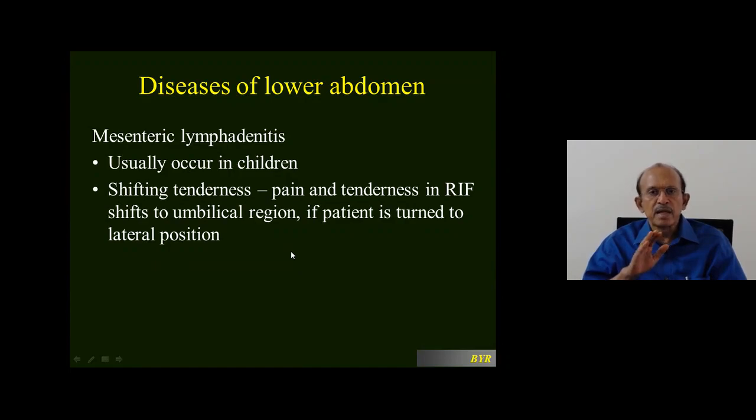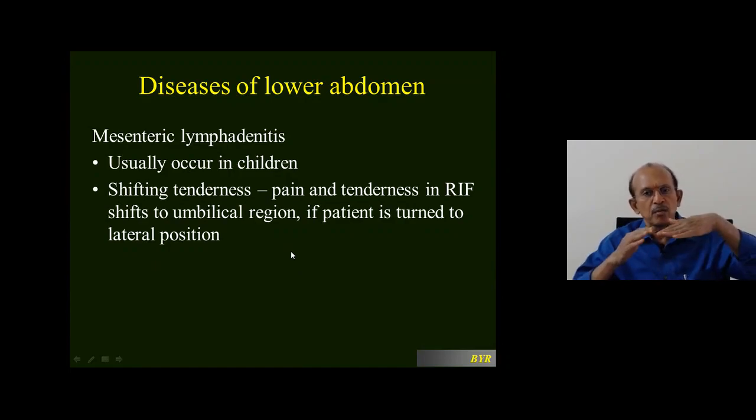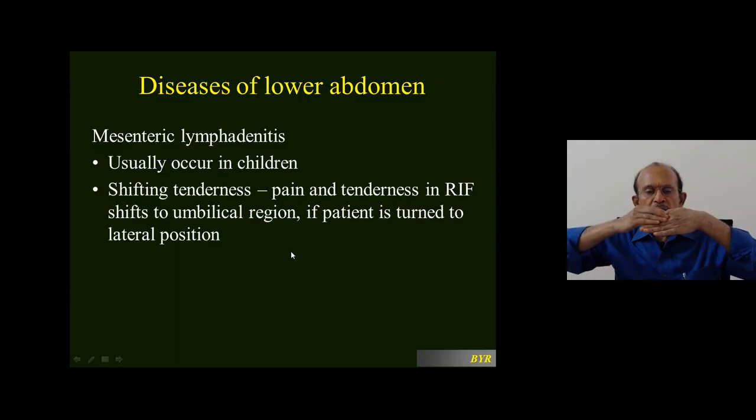But when you examine the patient in the supine position, you will find tenderness in the right iliac fossa. Now, when you turn the patient to the left side, the mesentery along with the bowels will gravitate downwards. So the tenderness will be felt not in the right iliac fossa but in the umbilical region, because the lymph nodes have moved towards the umbilicus.